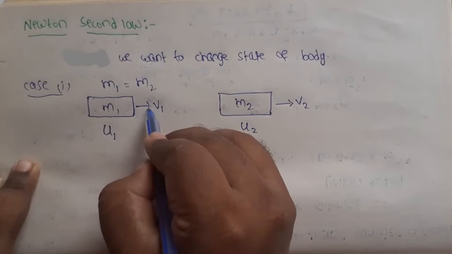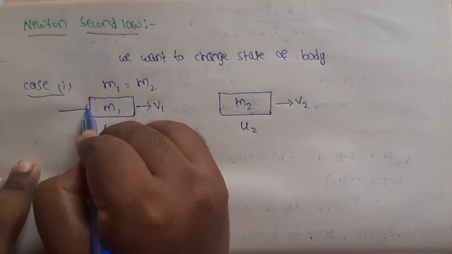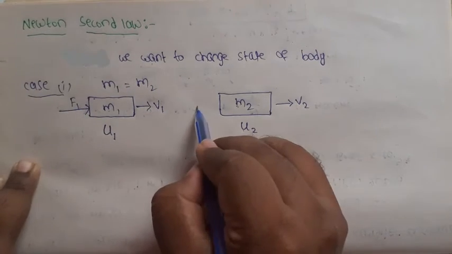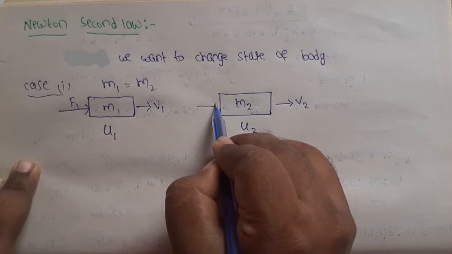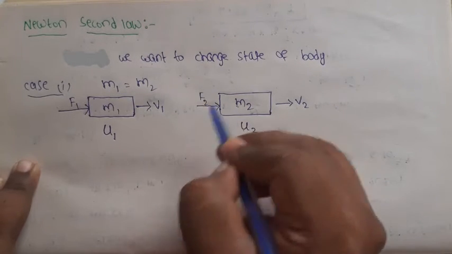To change the state of object m1, we need to apply the force f1. For object 2, we need to apply the force f2.